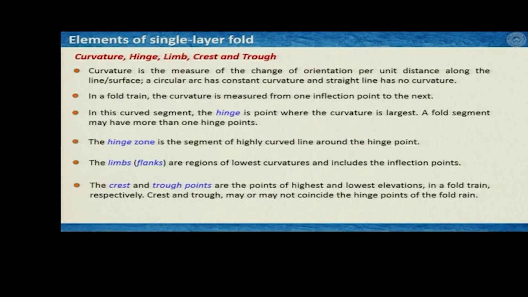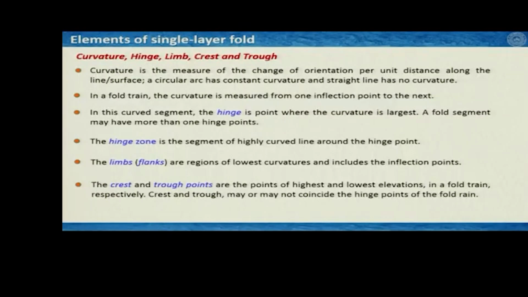Now, five more very important terminologies we are going to learn in this slide. First, we will define these, and in the next slide we will see them in the form of illustrations. These are curvature, hinge, limb, crest and trough. Now, we start first with the curvature.